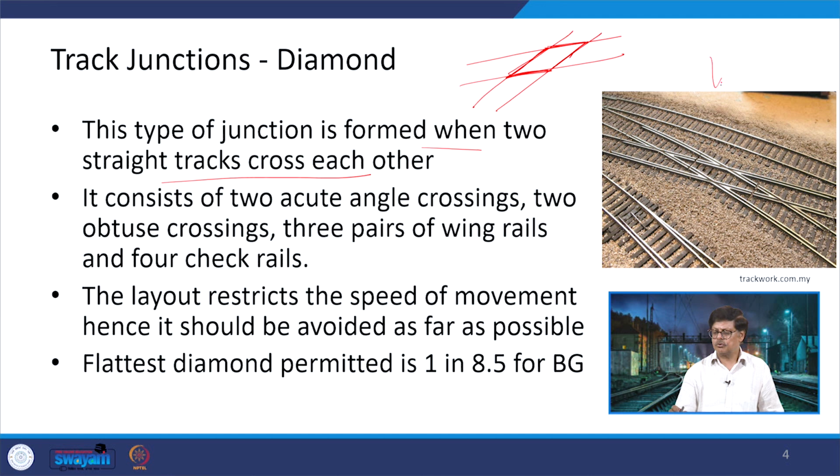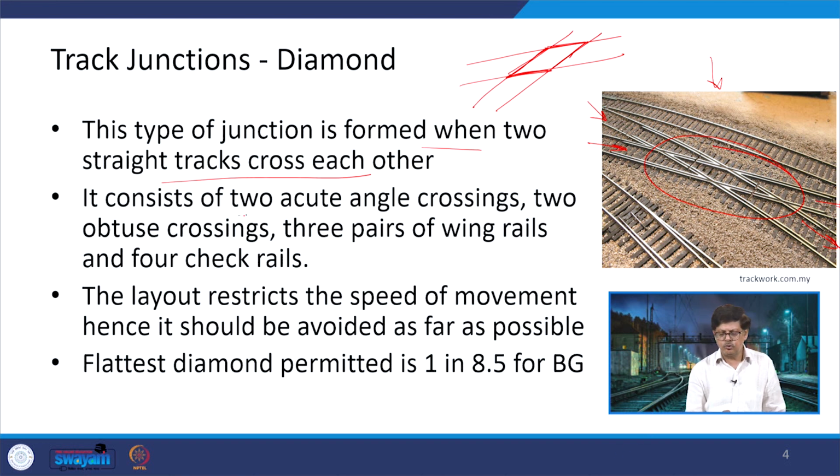In this photograph also you can identify one track coming from this side, another track coming here, going in this direction, and the other one going here. In the center we have a diamond shaped arrangement, and that is why this crossing is called a diamond junction.